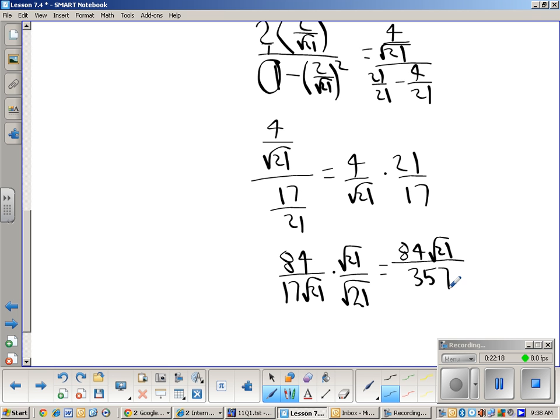Oh, actually 21 goes into both of those. So we get 4 square root of 21 over 17. So you have to simplify every time? Yeah, that's fine. Yes, you do want to simplify.